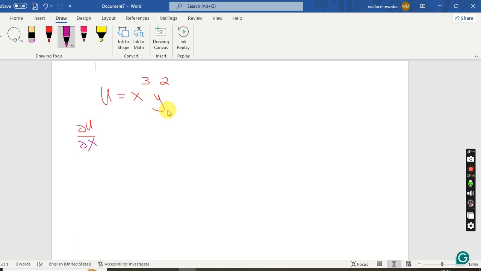So if we derive this function with respect to x, the exponent for x, 3 times 1, gives us 3. Subtract a 1 from this exponent, 3 minus 1 is 2. So you get 3x squared. This y squared, you just leave it like that. Don't touch or mess with it. Are we clear with this one? Any questions on this one?